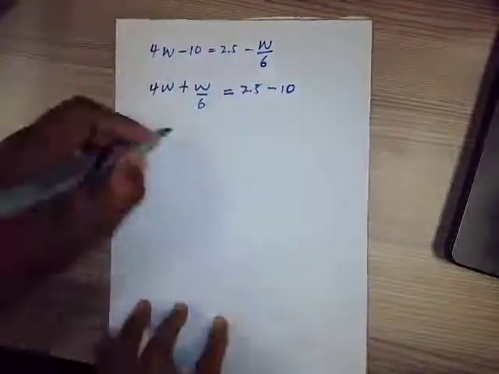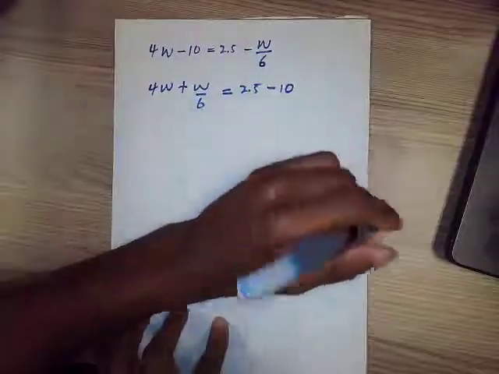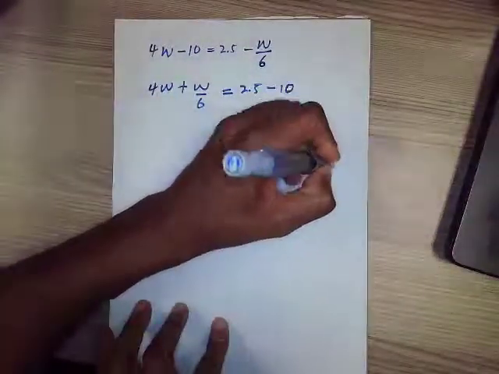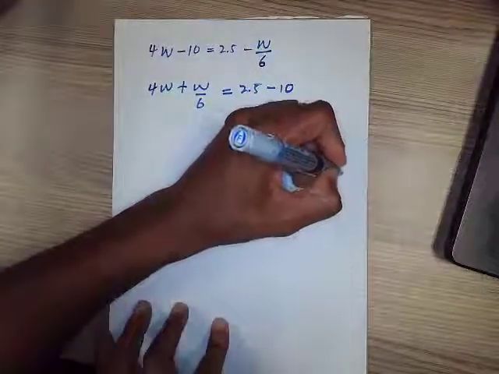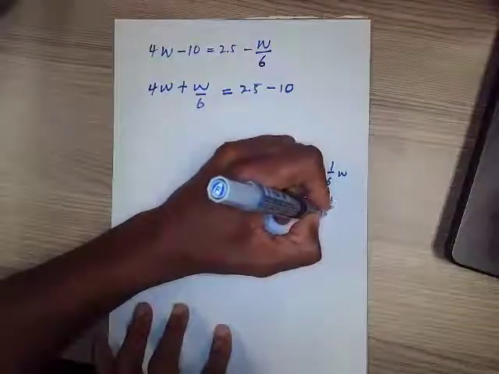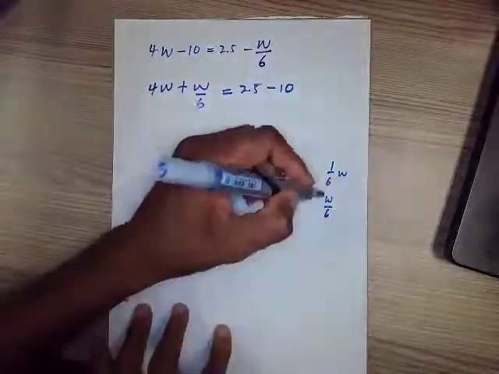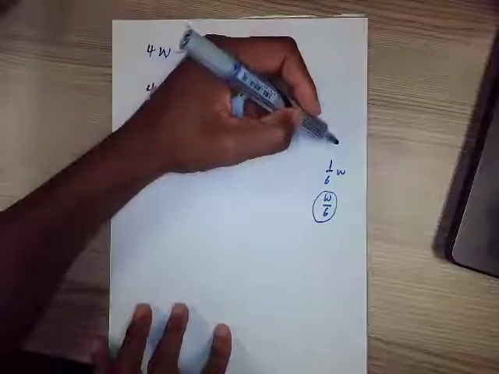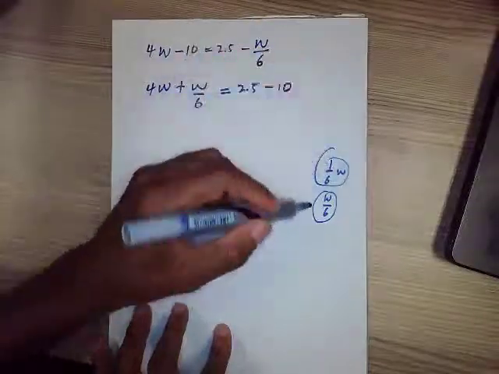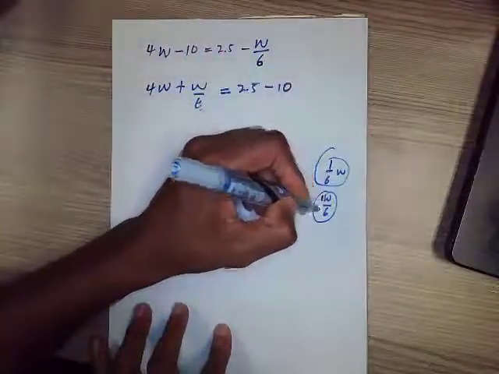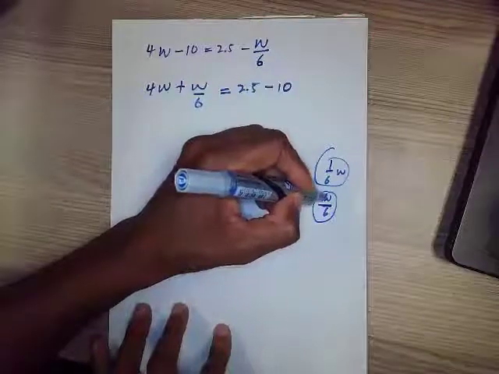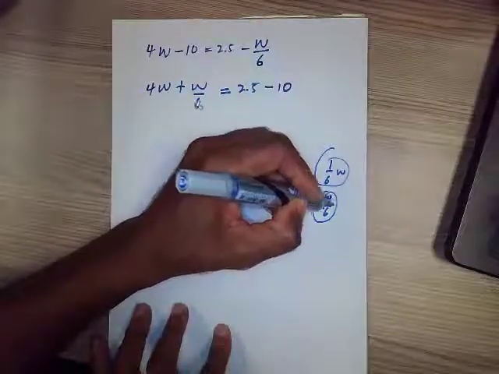Basically what the trick here is, it's just to show you that 1 over 6 w and w over 6, these two are the same, because this number here on top, you can actually ignore this and put it there.